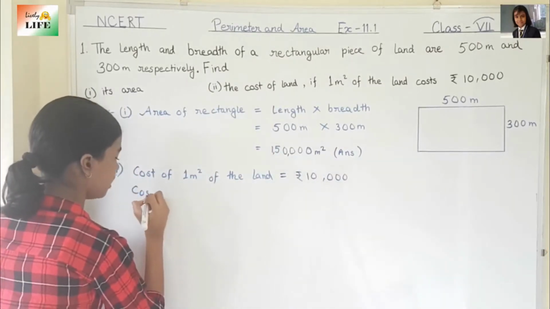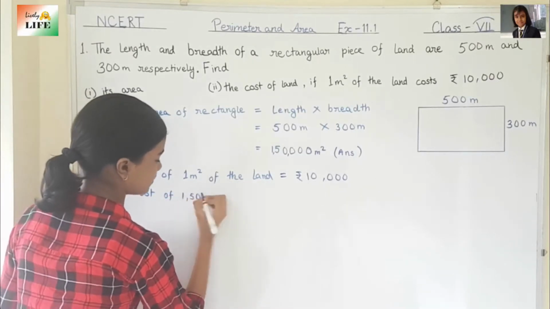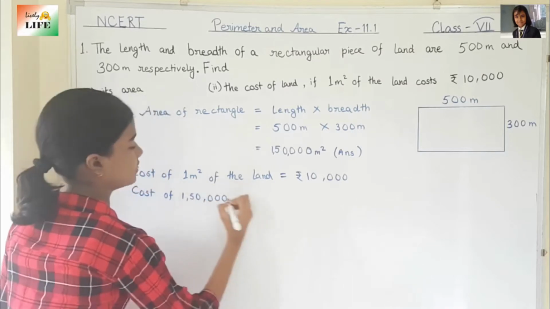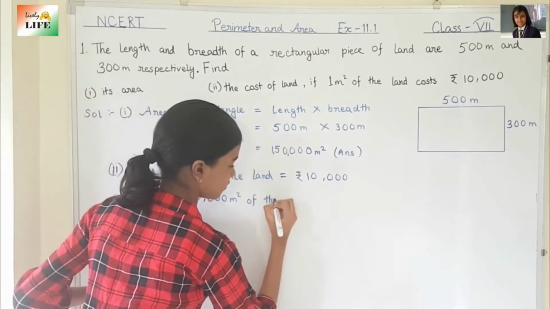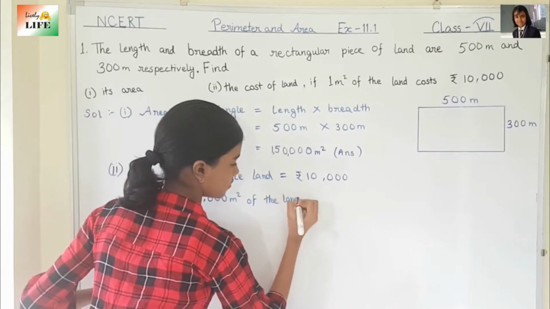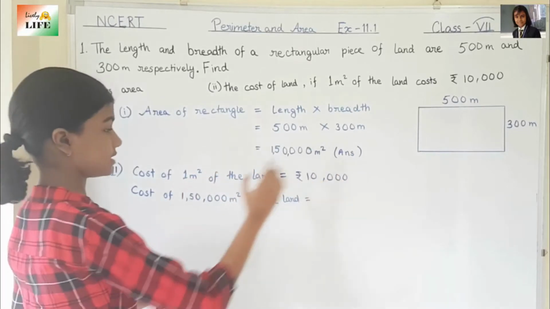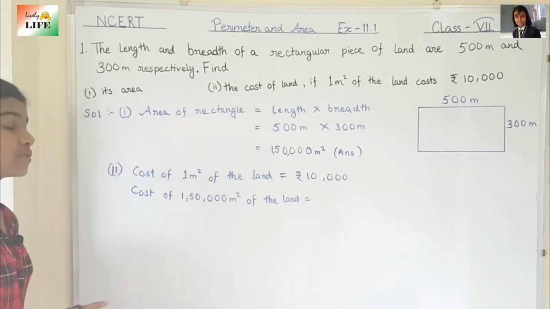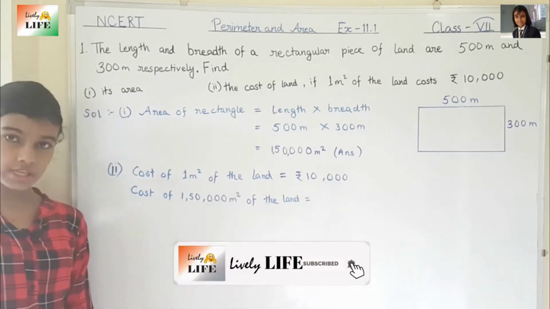So cost of 1,50,000 meter square of the land. We need to multiply it. 1 meter square cost is this much, then 1,50,000 meter square will be 10,000 multiplied by 1,50,000, right?